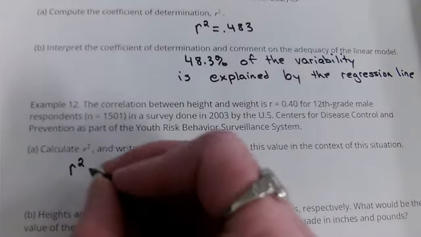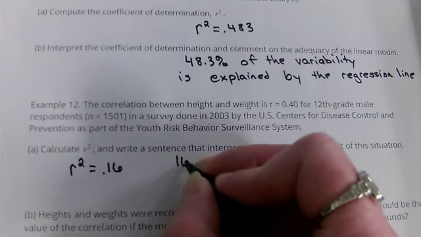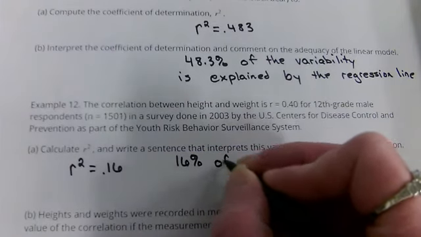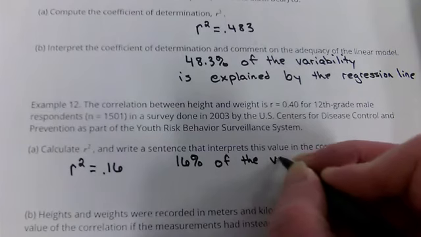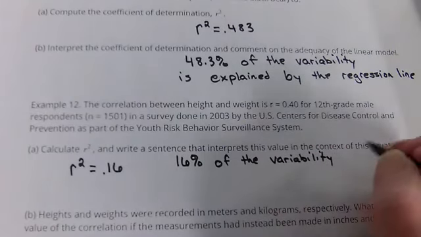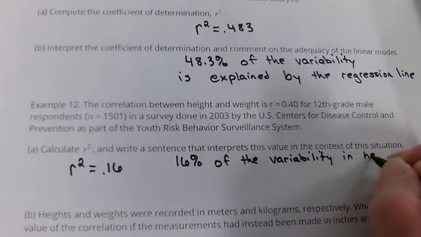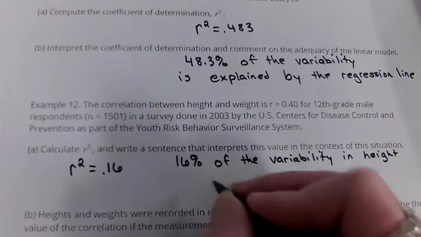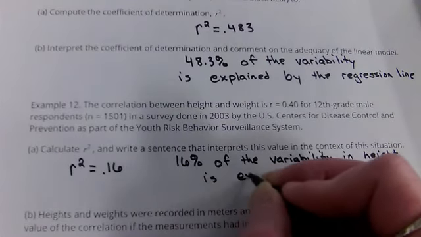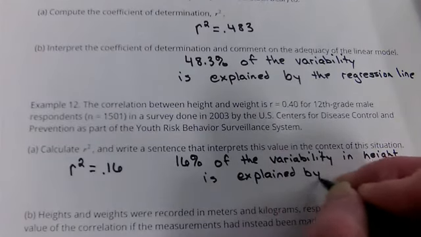That's 0.16. Write a sentence that interprets this value in the context of this situation. So 16% of the variability in height is explained by the regression line.